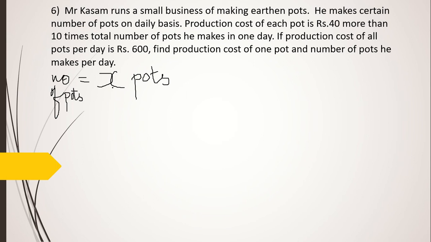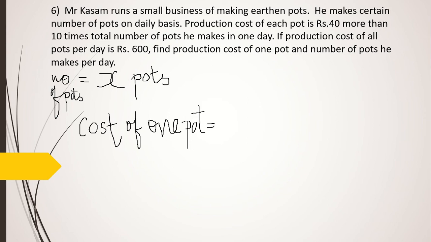So cost of one pot is 40 more than 10 times total number of pots he makes in one day. Total number of pots he makes in one day is x. 10 times, so this is 10x plus 40.